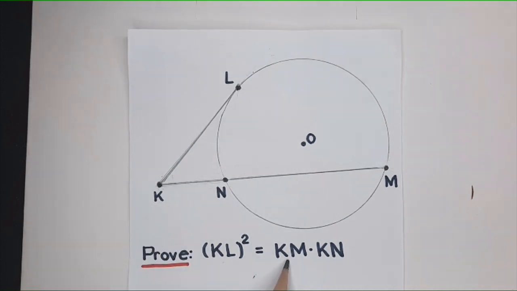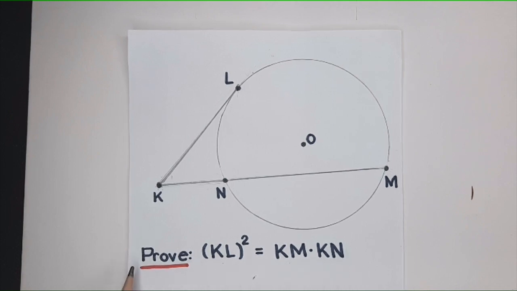Kaya we have KM, this is the length of the line segment KM, and this is the length of the line segment KN. This is the secant segment, this is the external secant segment. Okay? So we're going to prove it.